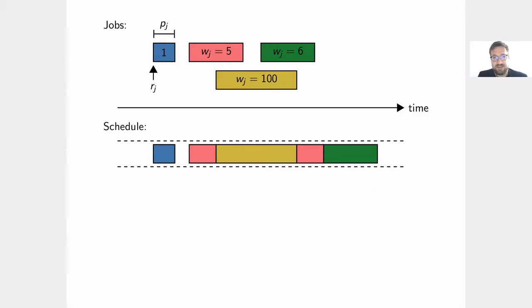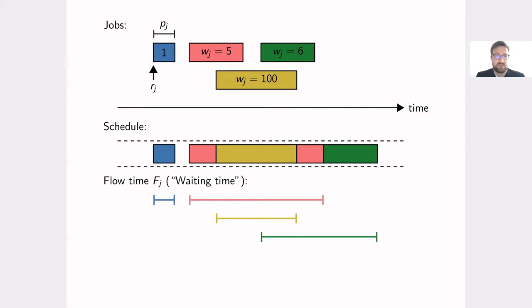So in this example, the blue job, when it arrives, is immediately processed. The red job is interrupted because the yellow job arrives and it is much more important. And after the yellow and red jobs are completed, the green job is processed.